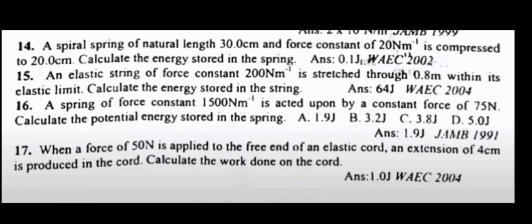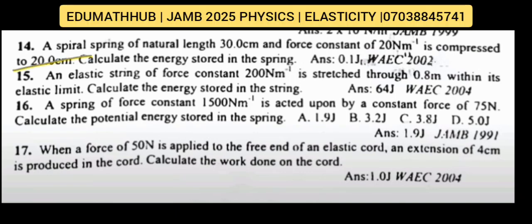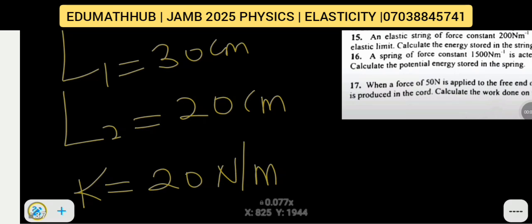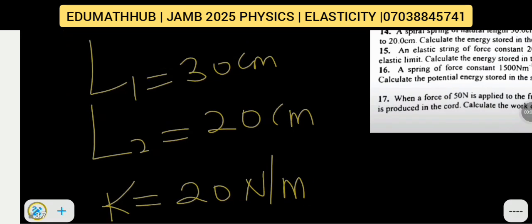The force constant, which is K, is 20 Newton per meter, and the new length after the compression is 20.0 cm. So look at the values here. I've already brought them out for you. So L1 is 30, L2 is 20, then K is 20 Newton per meter.